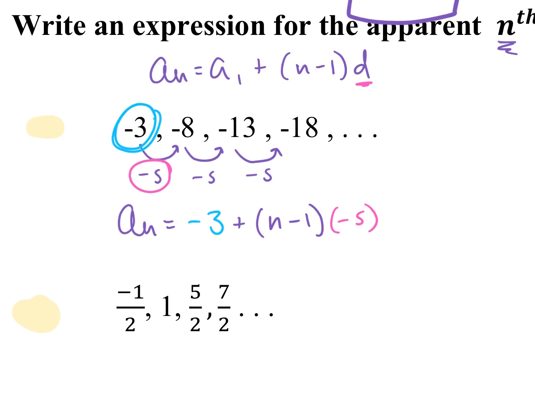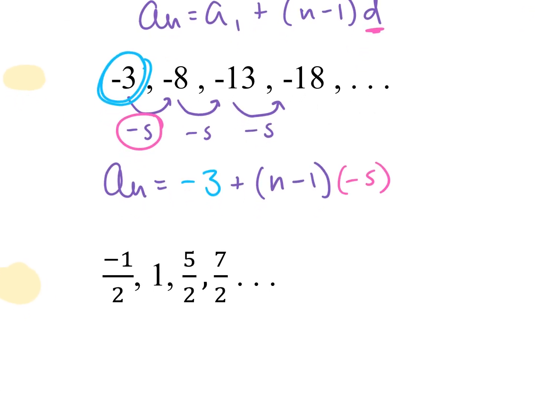Now we have to simplify this. How would I simplify? Distribute the negative 5. So we get negative 3 minus 5n plus 5. And then lastly, just combine our like terms. So this would be a sub n is equal to negative 5n plus 2.